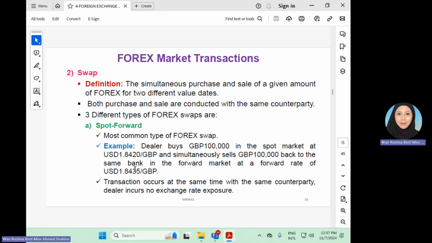And after that, you exchange, where you're willing to sell back to the USD by using the forward rate that you lock, USD 1.8435 against British pound.